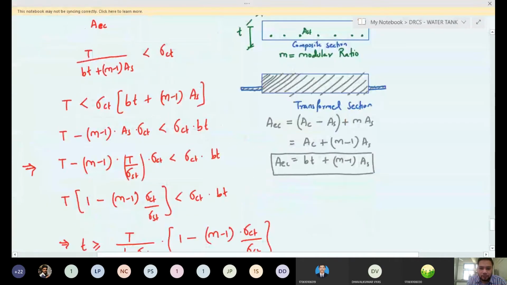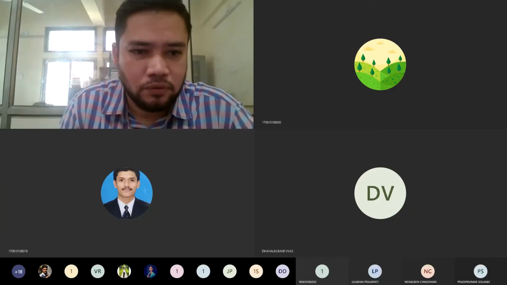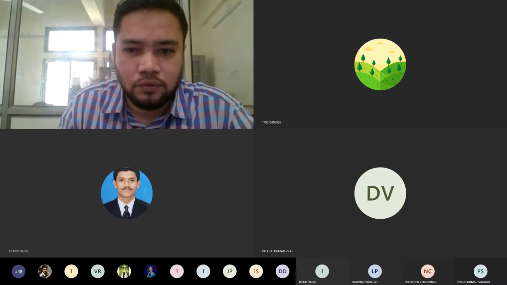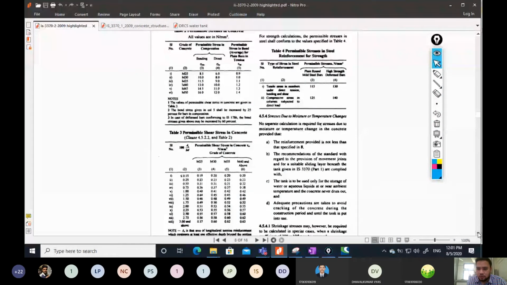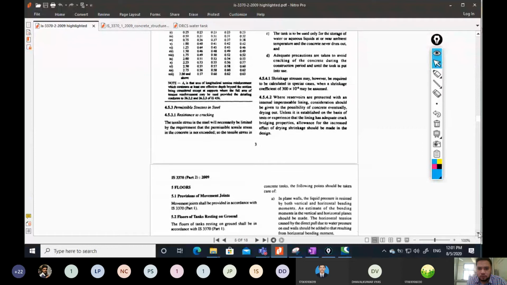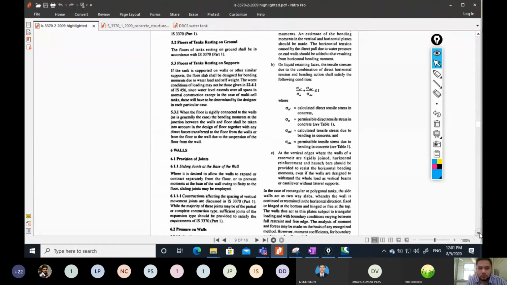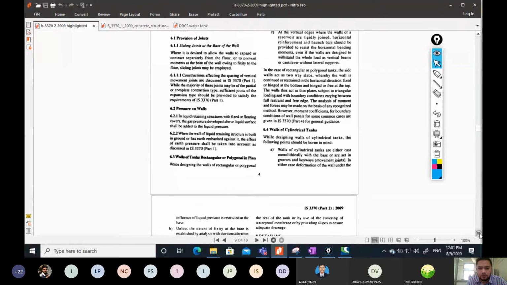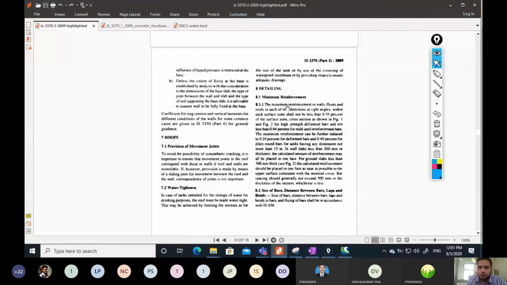So for that again we go through the code. This is the clause for the minimum reinforcement.